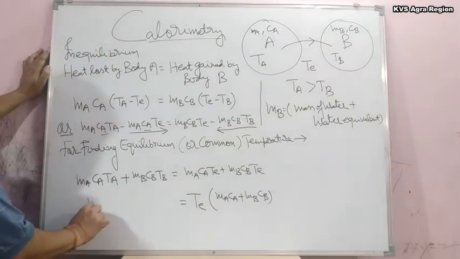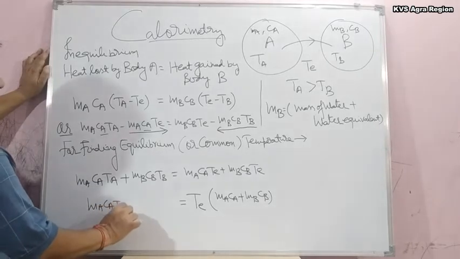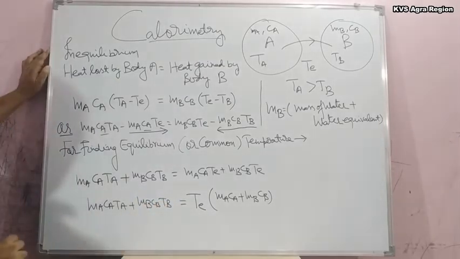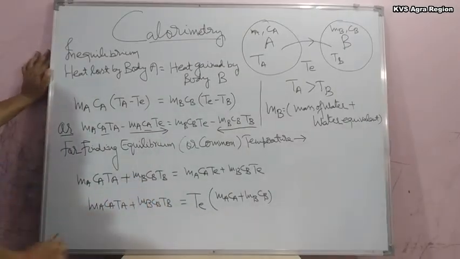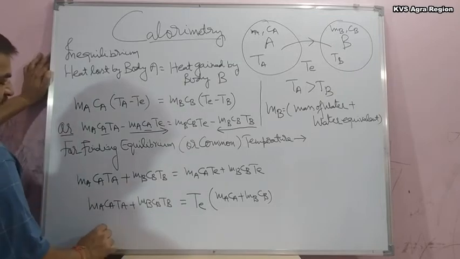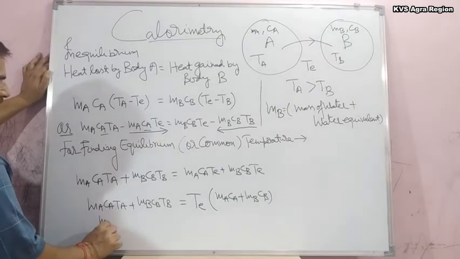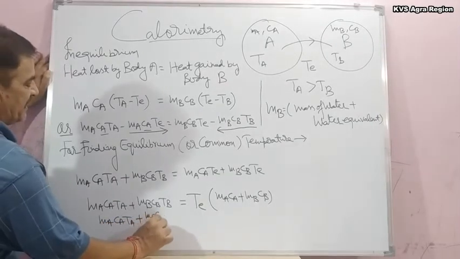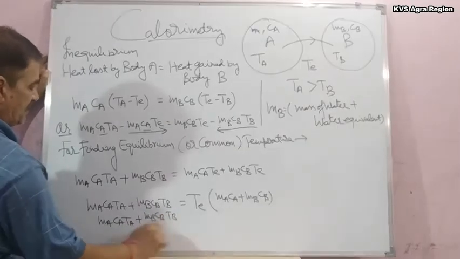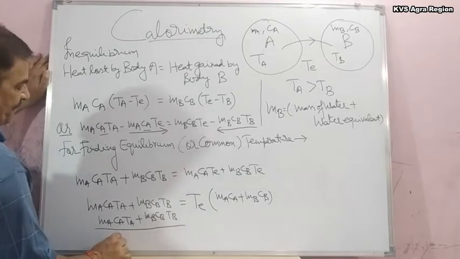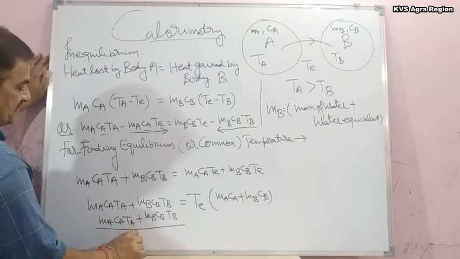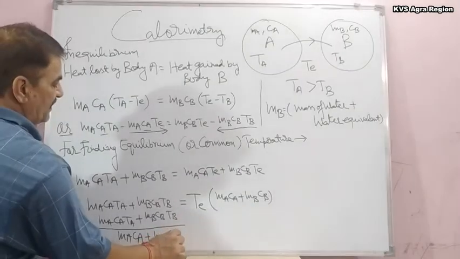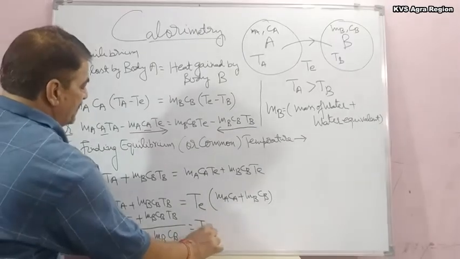In the left hand side we have MA CA TA plus MB CB TB. So to find the value of TE, MA CA TA plus MB CB TB upon MA CA plus MB CB will give us TE.